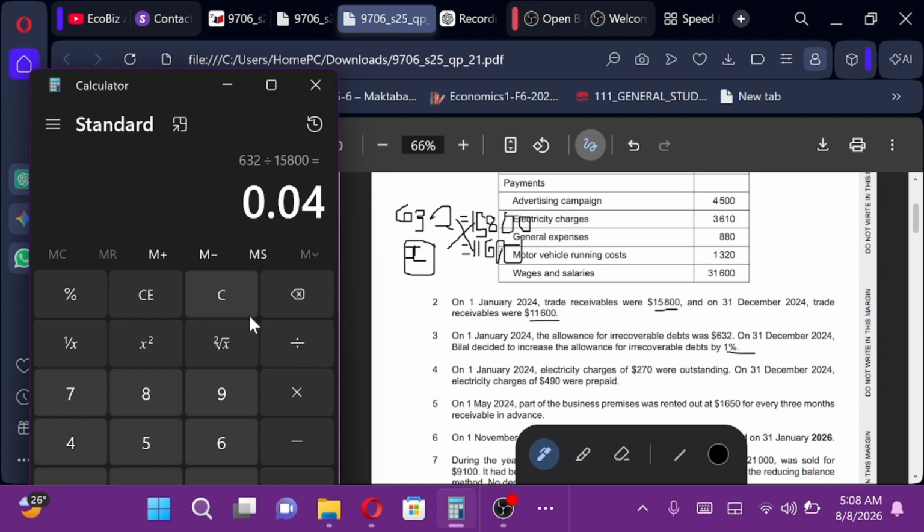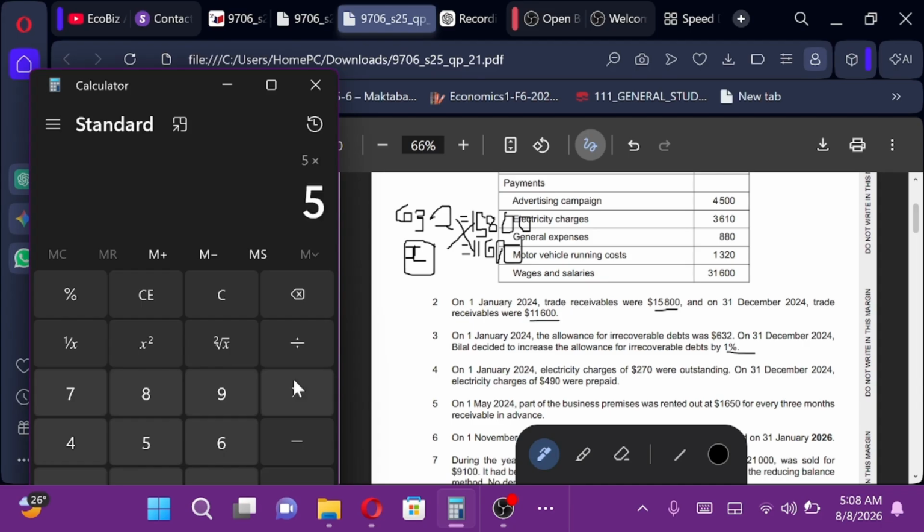Now this 4% is the original amount of irrecoverable debt at the beginning of the year. But notice here it says Bilal decided to increase by 1%. So 4% plus 1%, we get 5%.